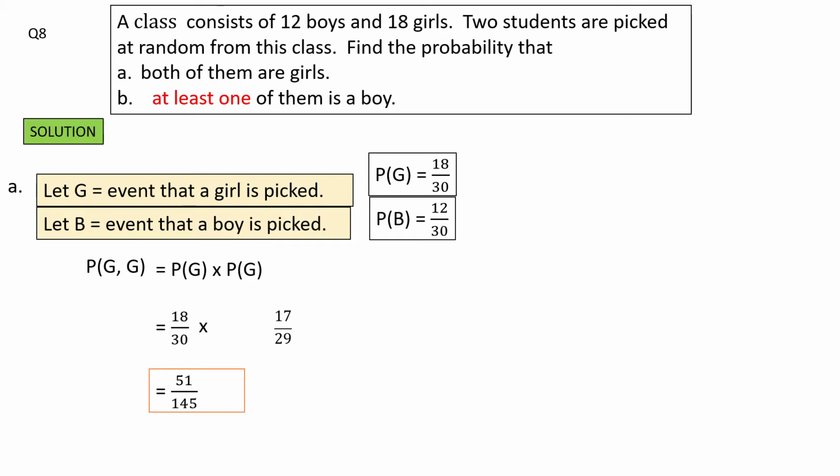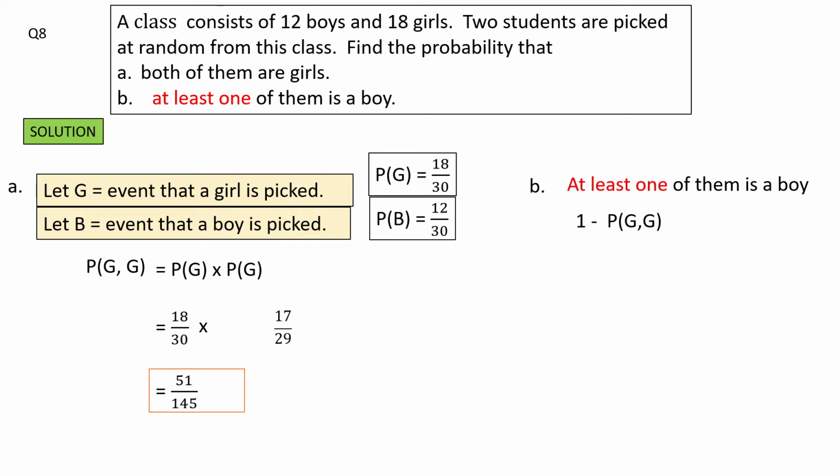The second question, find the probability that at least one of them is a boy. Now, I have already mentioned the words at least in a previous video. When it comes to the words at least, the easy way of solving this question is to take 1 minus the probability of the complementary event.